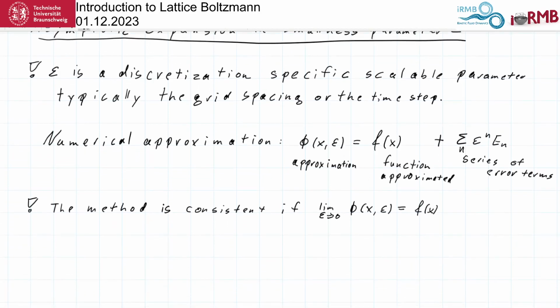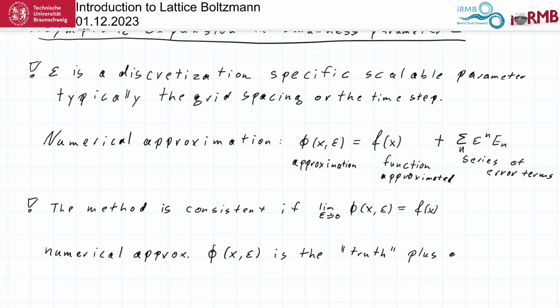So, meaning, yeah, let me write this down. Numerical approximation phi, x, and epsilon is the truth, or the ground truth, whatever. So, the real solution plus a hierarchy.